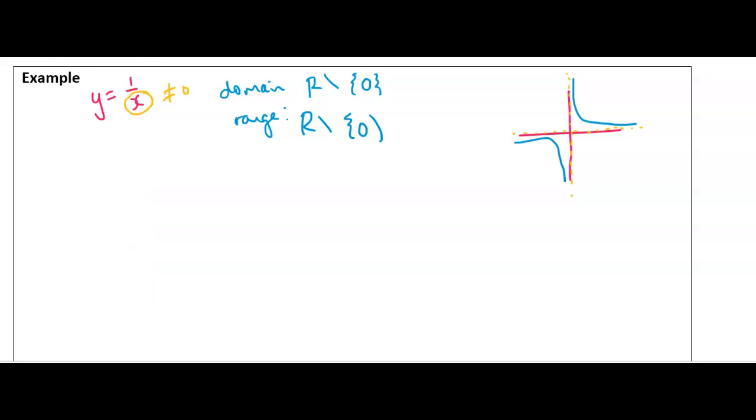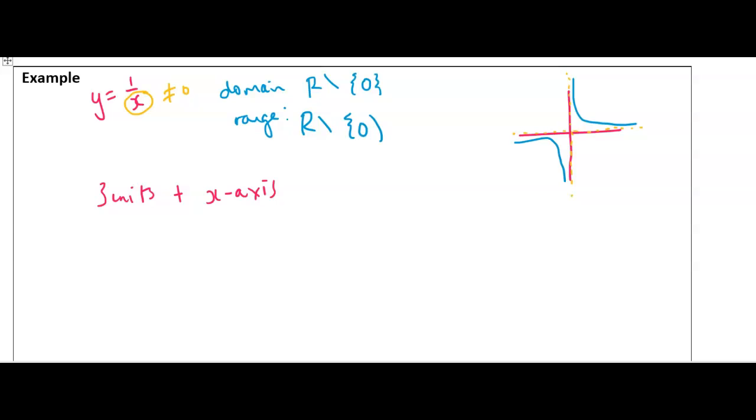Now what we're going to do is go through just 2 transformations. We're going to go 3 units in the positive direction of the x-axis.